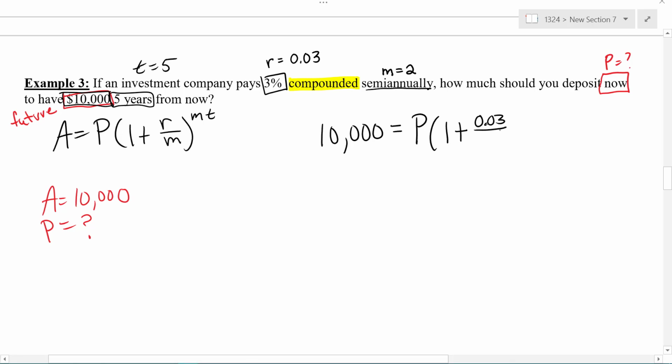We're going to divide it by M, which we said was 2, and we raise that to the 2 times T power, so the M times T. 2 times T, T is 5 years. Alright, so let's simplify a little bit here.